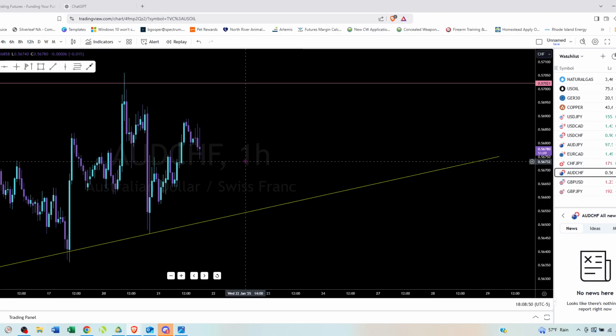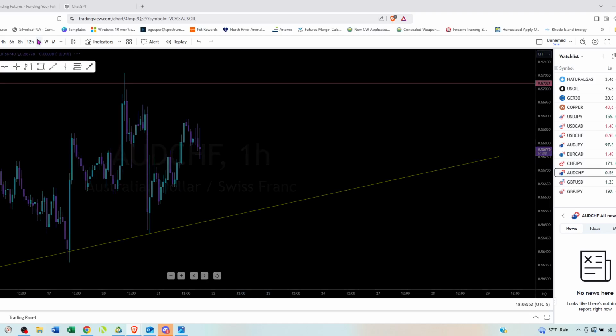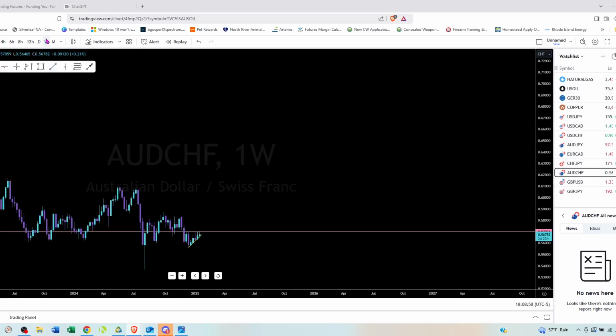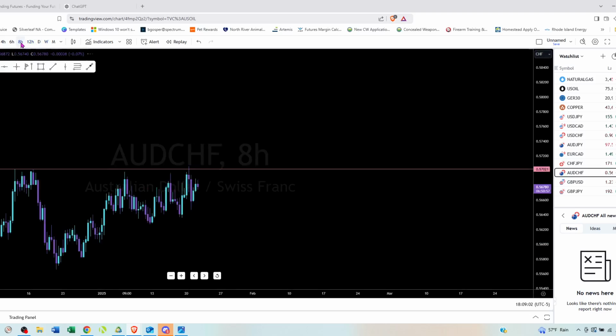Aussie Swiss is kind of a mess. I'm not really doing anything with that. You can see we are approaching this previous level up here. Price is really having a hard time getting through here. As I stated the other day, I'd be looking to see if price can punch through here definitively.